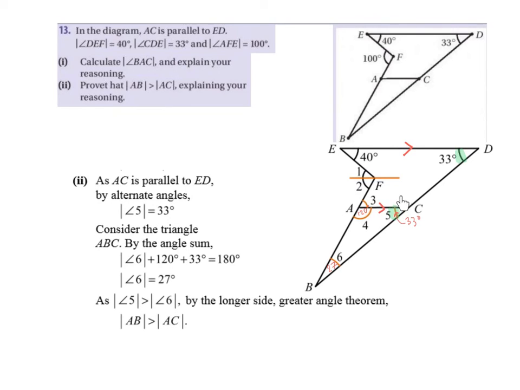We know that with triangles, the biggest angle is always opposite the biggest side, the smallest angle is always opposite the smallest side, and the middle angle is always opposite the middle side. So if angle 5 is greater than angle 6, then the length AB must be greater than the length AC, because the side AB is opposite angle 5, and the side AC is opposite angle 6.